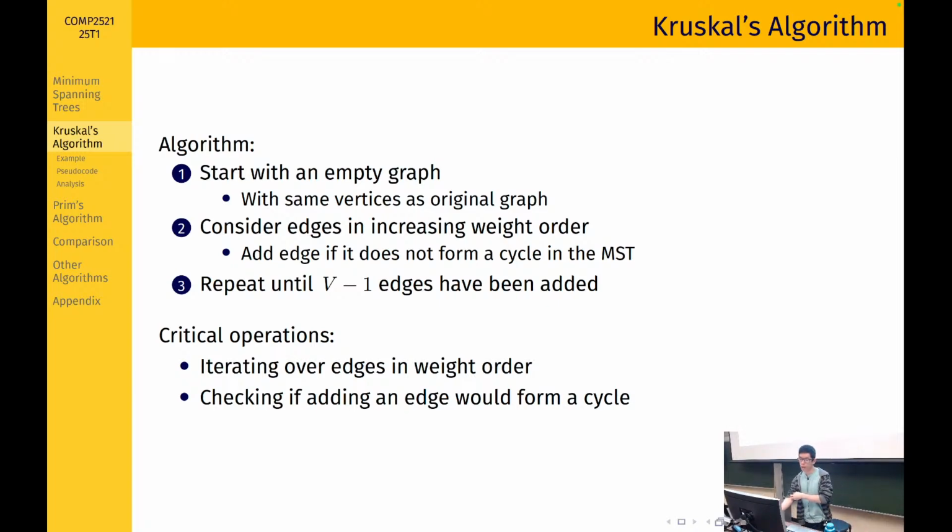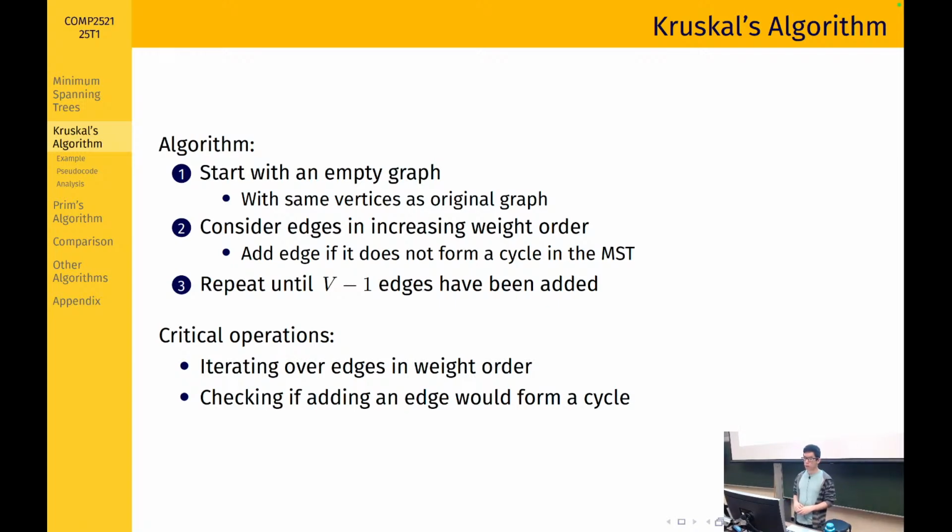The way it works is, given a graph, we're going to create a graph that has the same number of vertices, but doesn't have any edges. So if the given graph has 5 vertices, we create a new graph with 5 vertices but no edges. Then we take the edges of the original graph and sort them in increasing order.